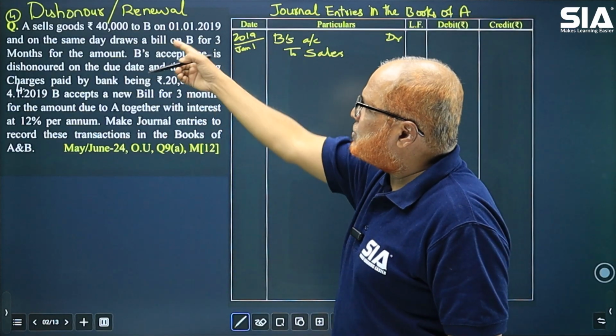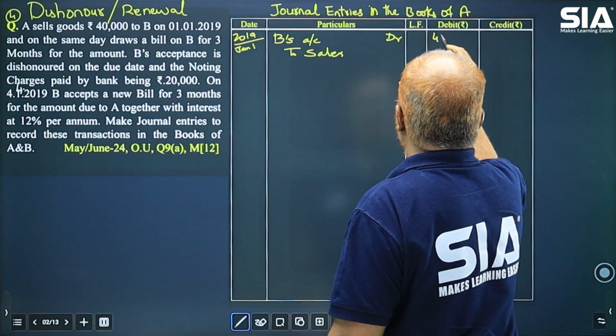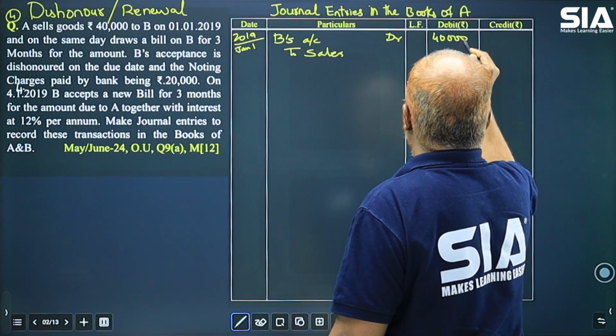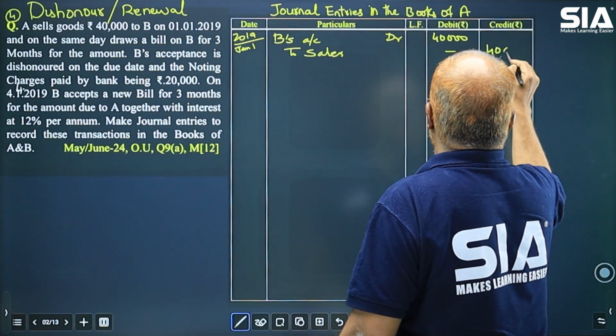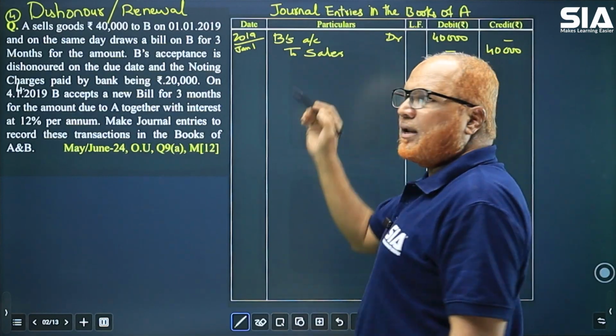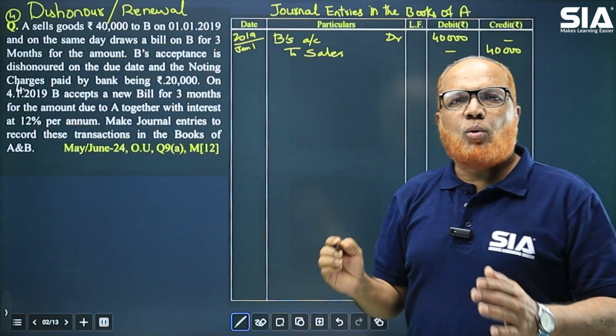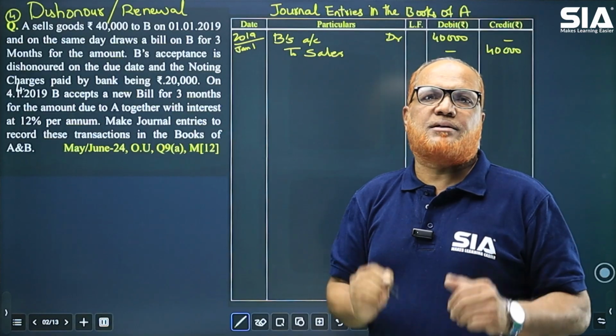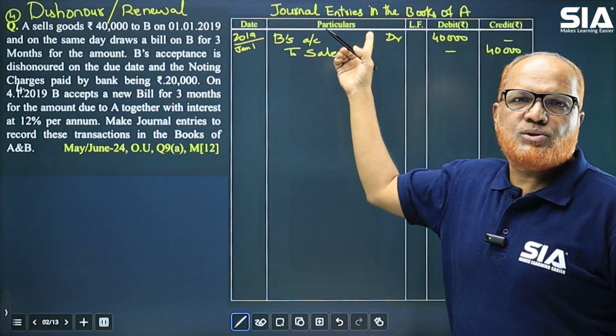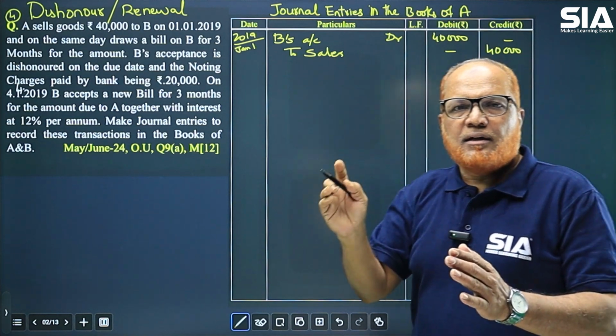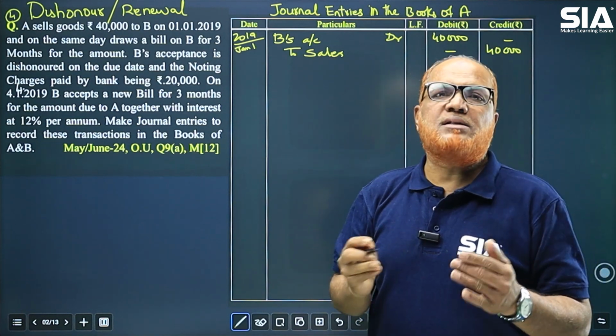What is the value of the goods? 40,000. Now the narration you can write: being the goods sold on credit. In whose books? A's books. For A, it is the sale. For B, it is the purchase.